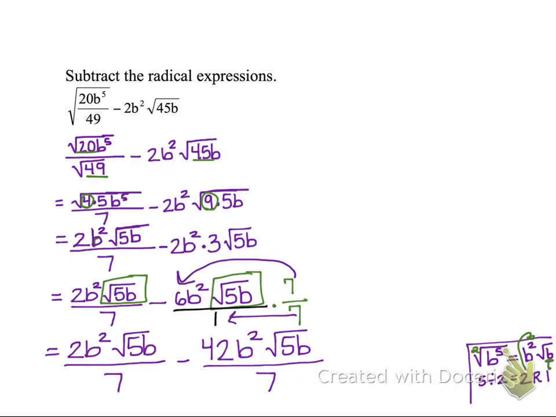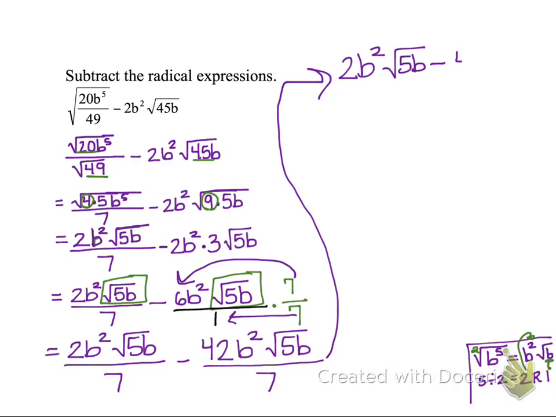So let's put this all into one fraction, because sometimes that helps as well. So this is now going to become 2b squared times the square root of 5b minus 42b squared times the square root of 5b, and this is all over 7 because they had a common denominator, so I was able to put it all in one numerator over 7.